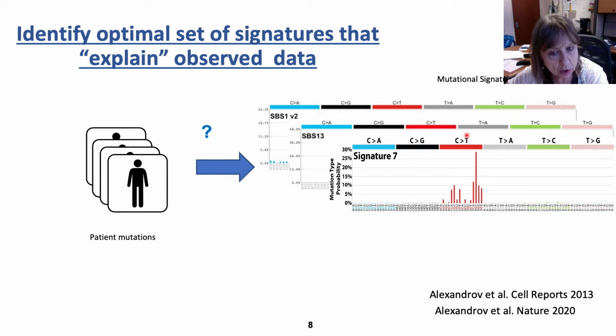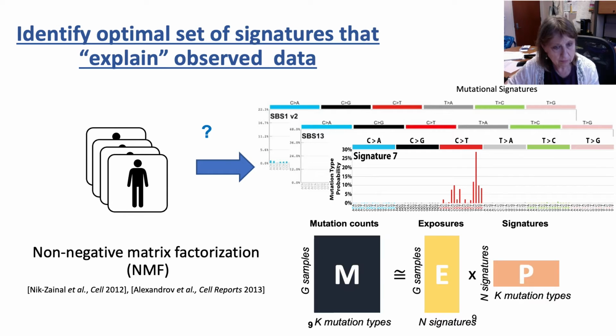So even if we don't know all the possible mutagenic processes, once we formalize the concept of mutational signatures, we can ask the question: given a large set of patients and the mutational data, identify the optimal set of signatures that can explain the patient data.